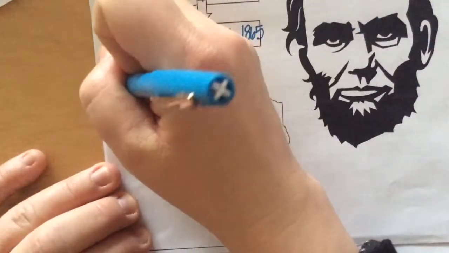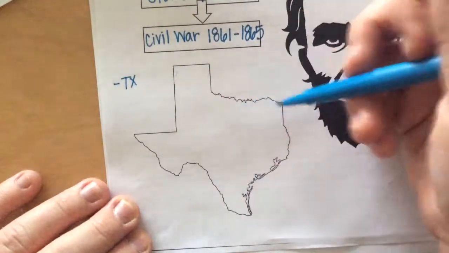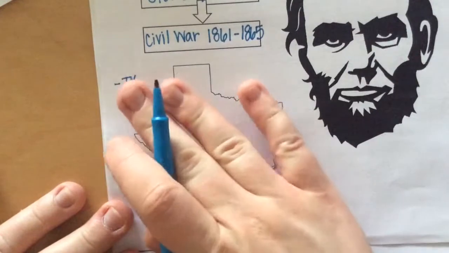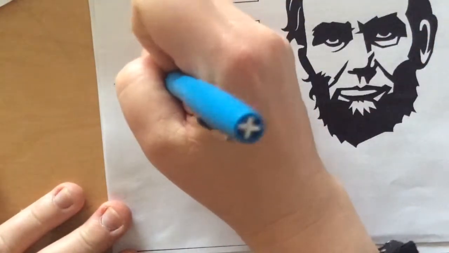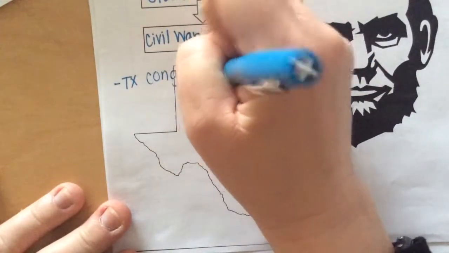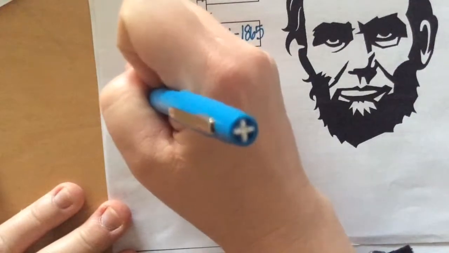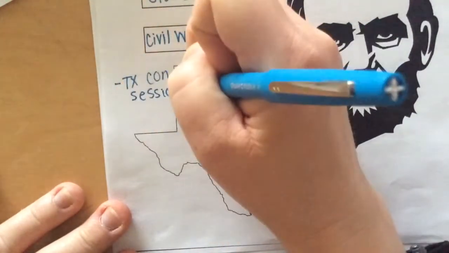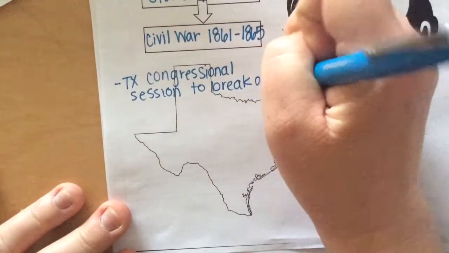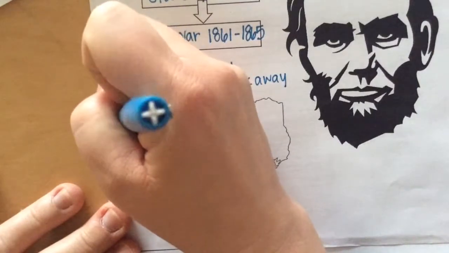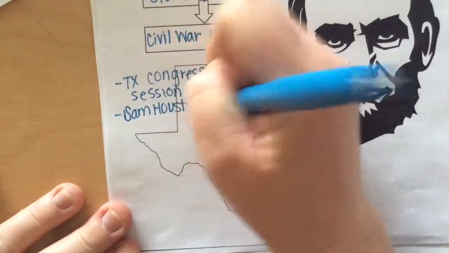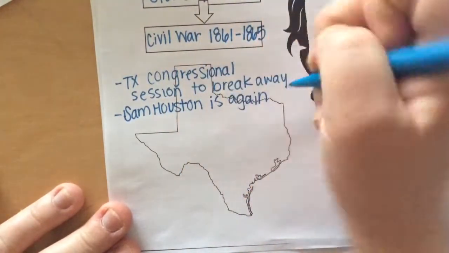Okay, here's some things that we need to know specifically about Texas. I'm just going to draw over this Texas just so that you know that we're talking about this state. Okay, so the Texas Congressional Session wants to break away from the United States, and Sam Houston is very much against the idea of Texas being a part of the Civil War.